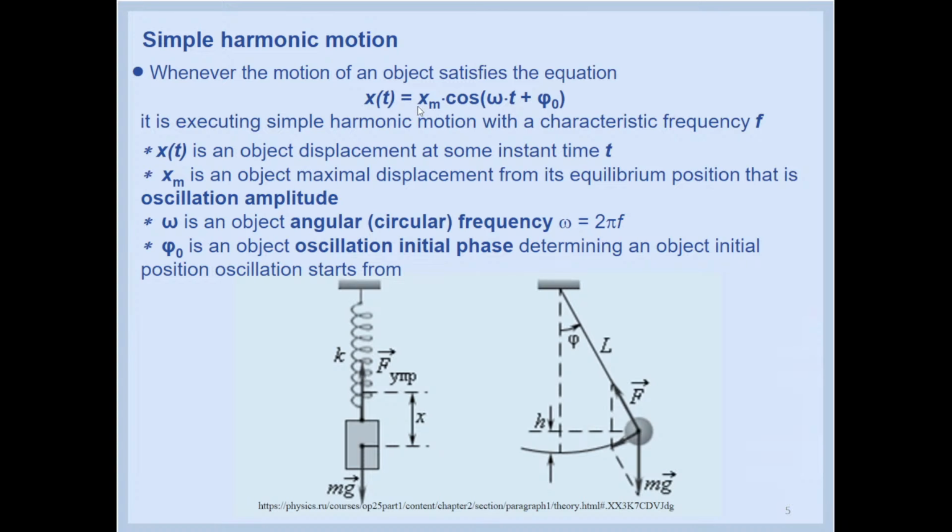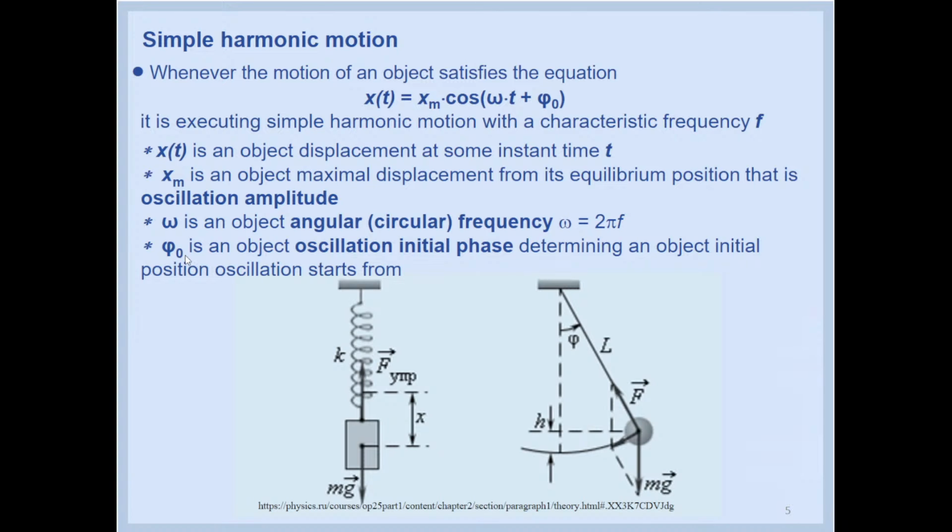This is the maximum deflection of the body from its equilibrium initial position. This is the frequency, the number of repetitions of the motion within a time of 2 times pi seconds. And what else?